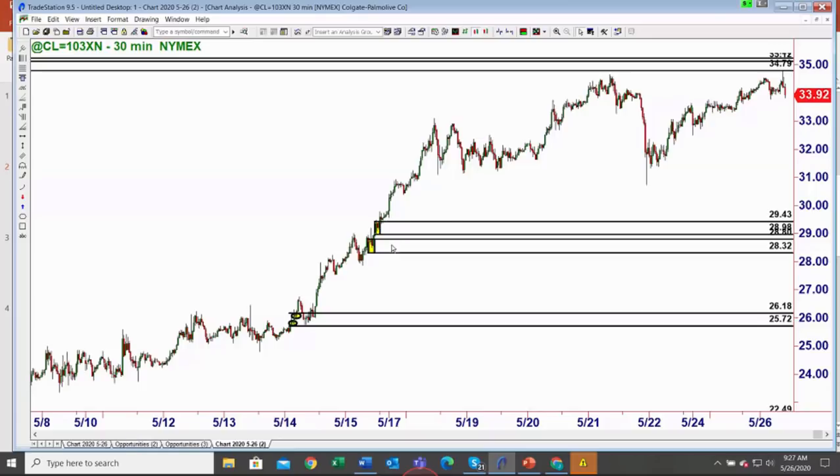Is there a small imbalance, meaning it's not an area of demand we'd want to focus on, or is there a big imbalance, meaning big financial institutions are buyers down there, and yes, that's an area we'd want to focus on. That's what all these other little things help us understand. Okay, but oil did hit our supply zone up here and is falling a little bit. Another move into that area, you'd likely see another drop.